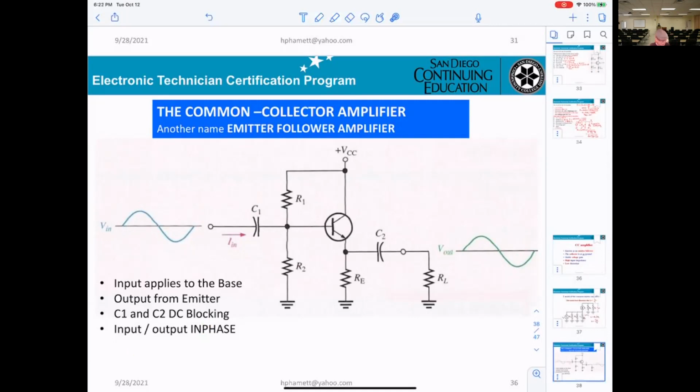You see the circuitry, you can say this is a common collector or emitter follower. Input applied to the base, output from the emitter. Okay, input and output will be in phase.